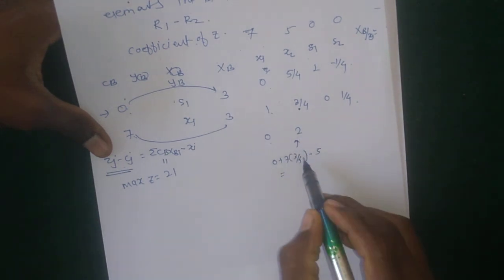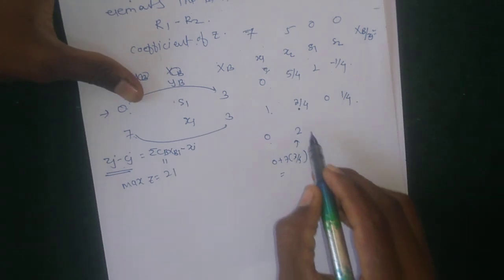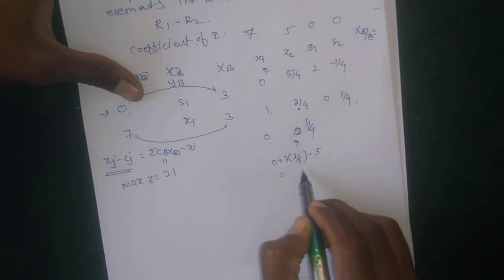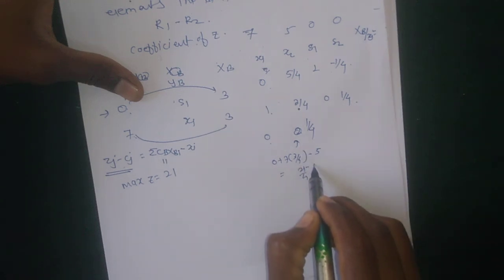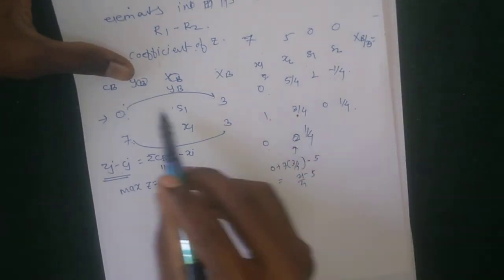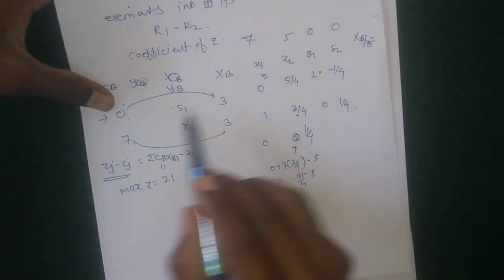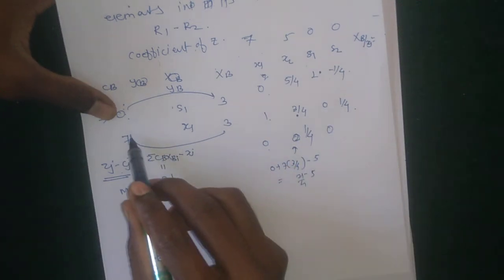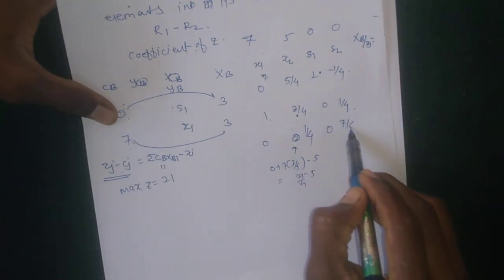So their value is 21 by 4 minus 5, which is equal to 1 by 4. In this way, cb into x1, 0, 0, 0 minus 0, 0, and here 7 by 4.